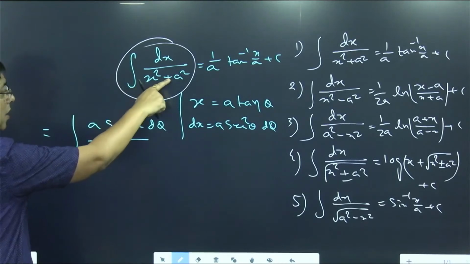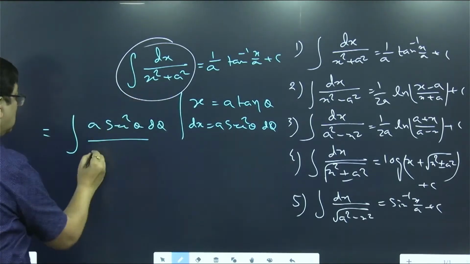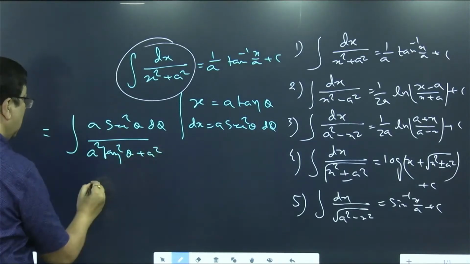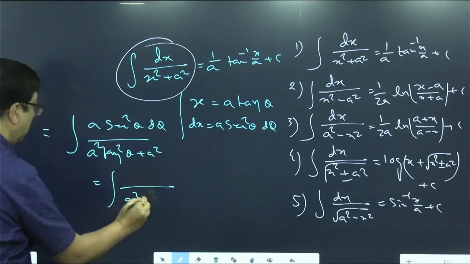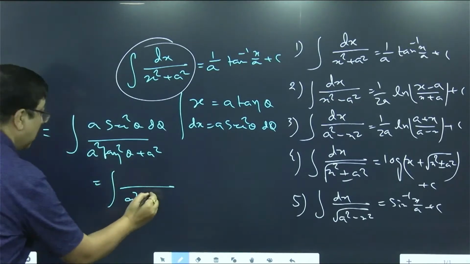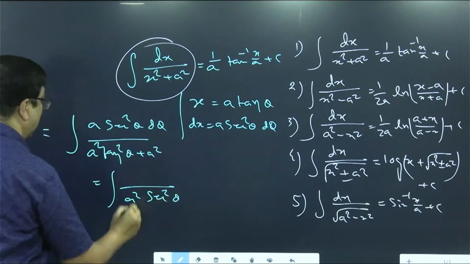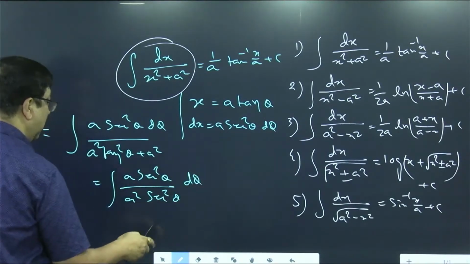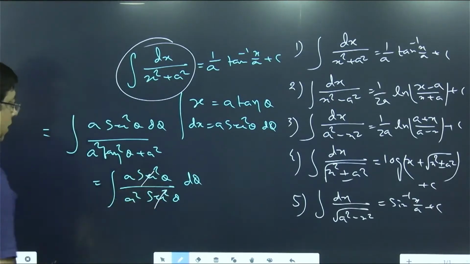x is a tan theta, it means x square is a square tan square theta. So this is a square tan square theta plus a square. If we take a square common, in the denominator 1 plus tan square theta is sec square theta. So here it is sec square theta, and the numerator is a sec square theta d theta, and this is getting cancelled.